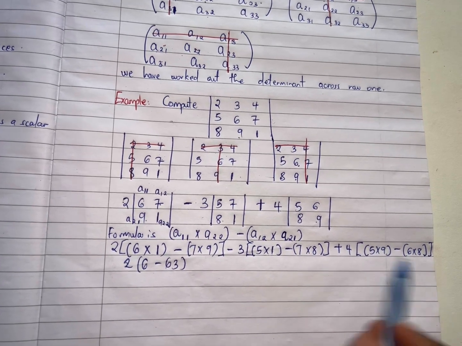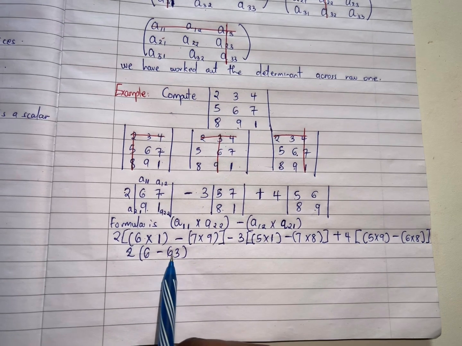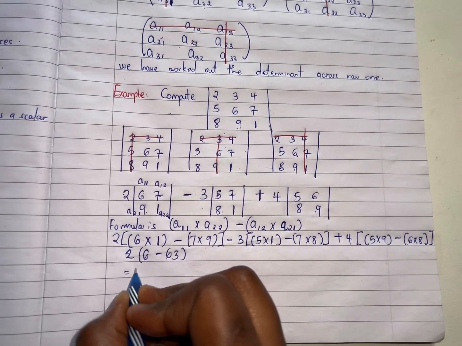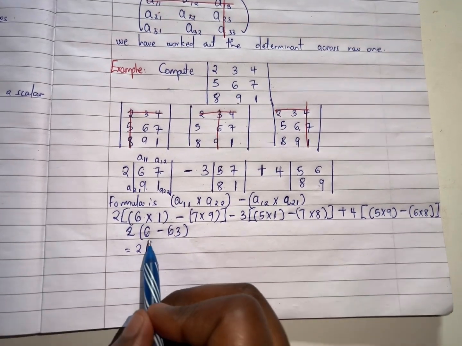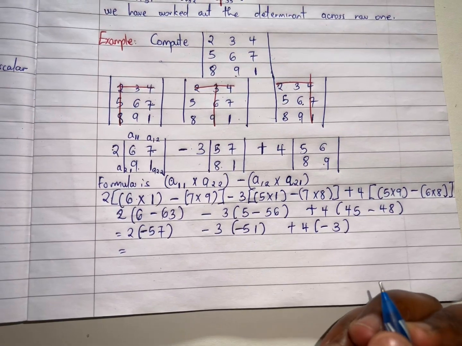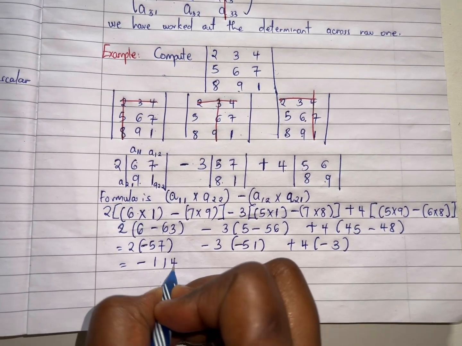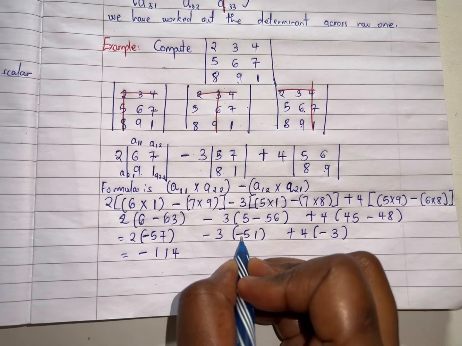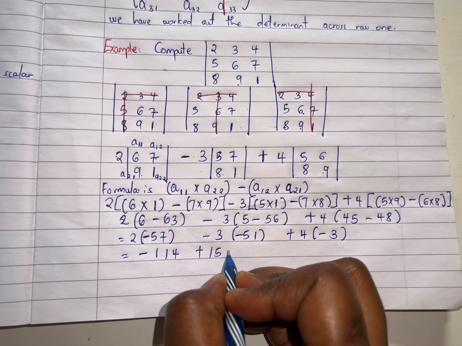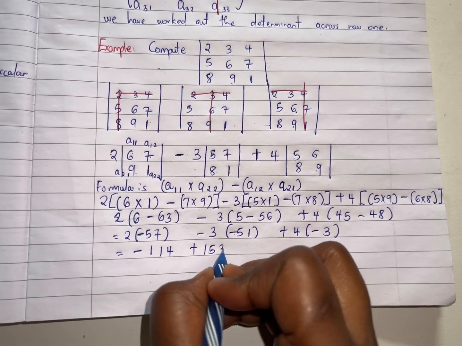So here is 6 minus 63, and we're going to have 2 into negative 57. I just worked them out like that. So 2 times negative 57 is negative 114, minus times a minus is a positive, so 3 times 51, that is 153.